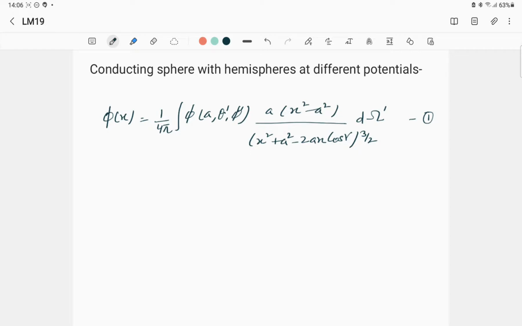That was the Green function for the sphere, the general solution for the potential, where we got this potential phi of x, written here as equation 1.